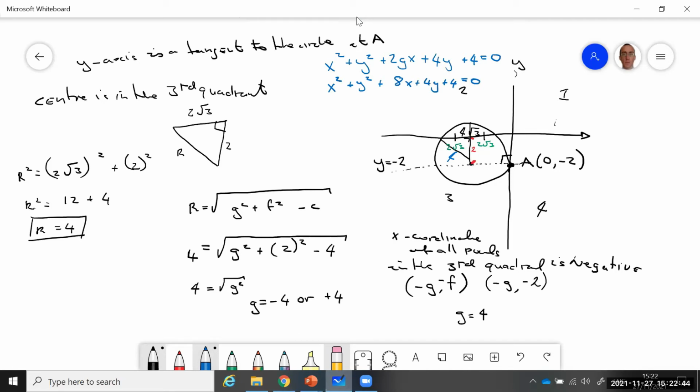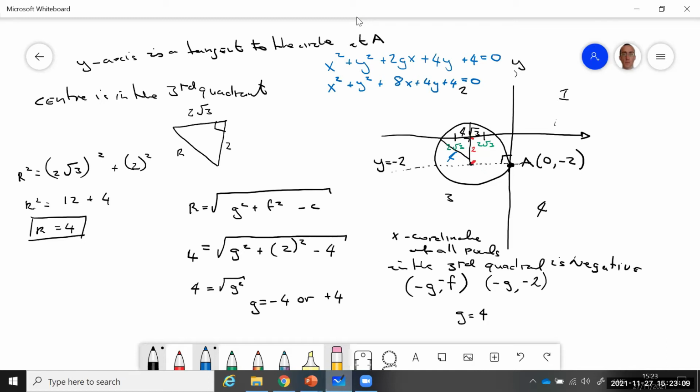So that's it. The key takeaways there are the use of the chord. Generally, not always, and I'm not going to put down hard and fast rules, but generally the presence of a chord will scream some sort of bisection with the radius, and then finding out the radius by using Pythagoras.